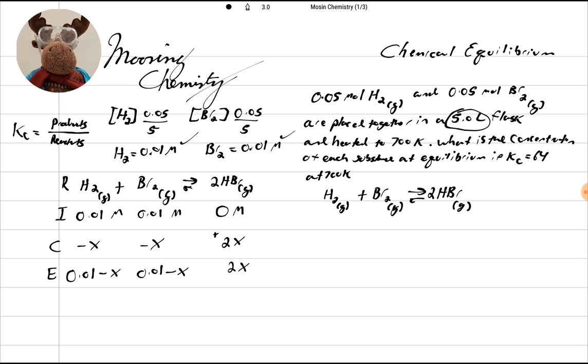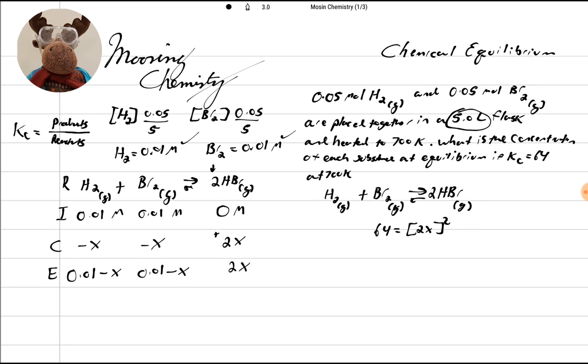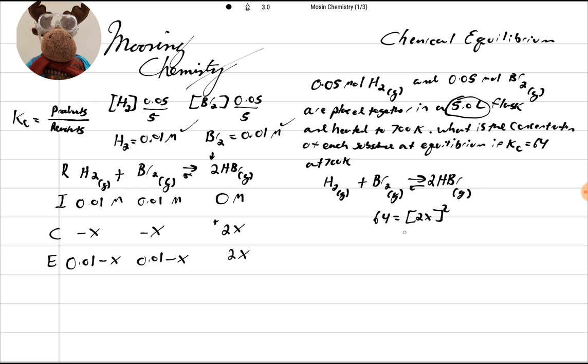Now we can go and do the math part. We have to figure out what the value of x is and place it back in there. So let's look over here. We're going to set up, the Kc is 64, right? So we're going to go 64 equals 2x squared. Why that 2? Because of that 2 right there. Over, that's our products, over our reactants, which is going to be 0.01 minus x times 0.01 minus x.